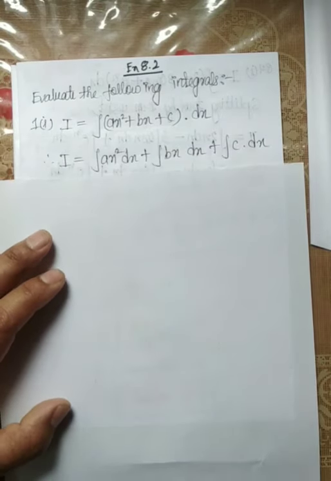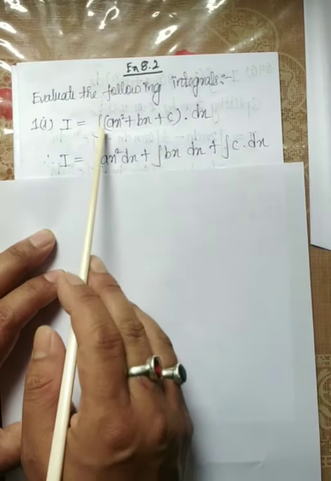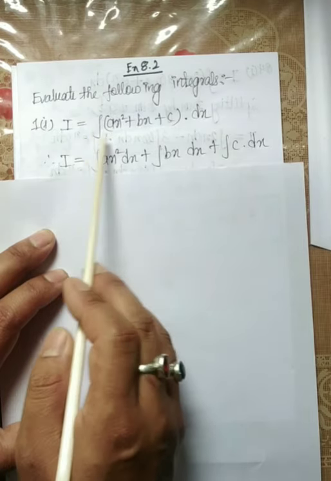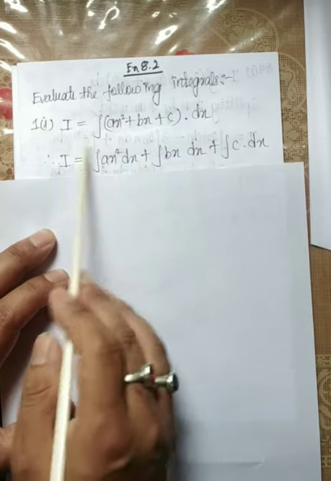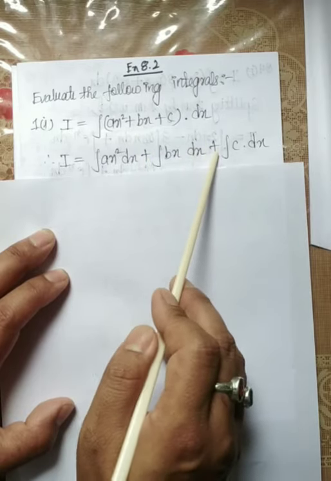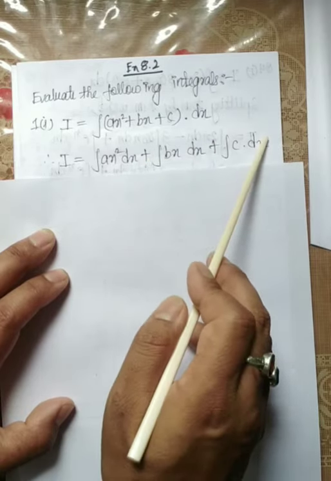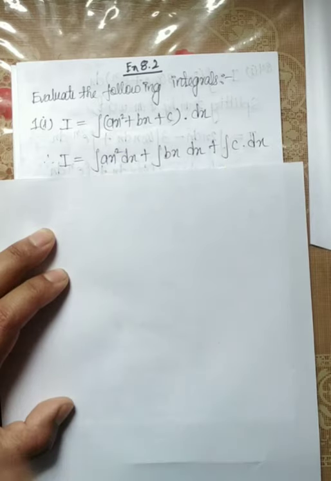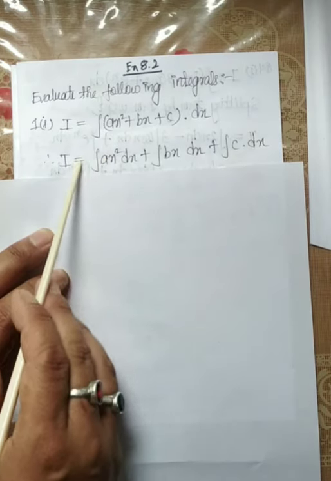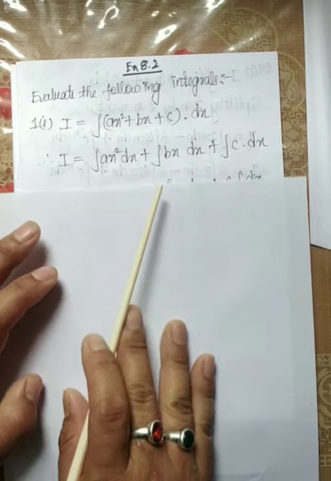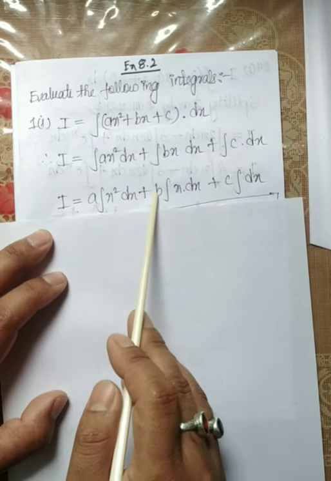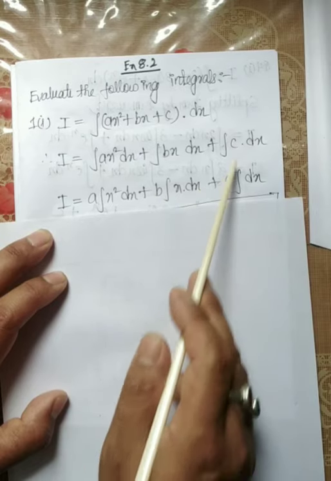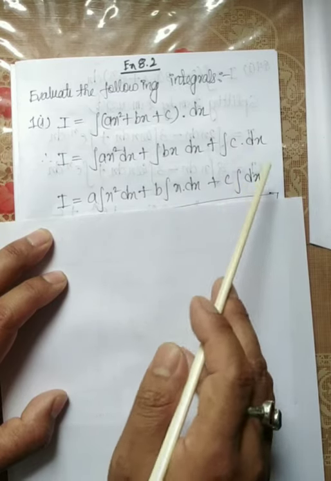Now a, b and c are constants, which will be outside of integration. So I get a integration of x square dx plus b integration x dx plus c integration dx.